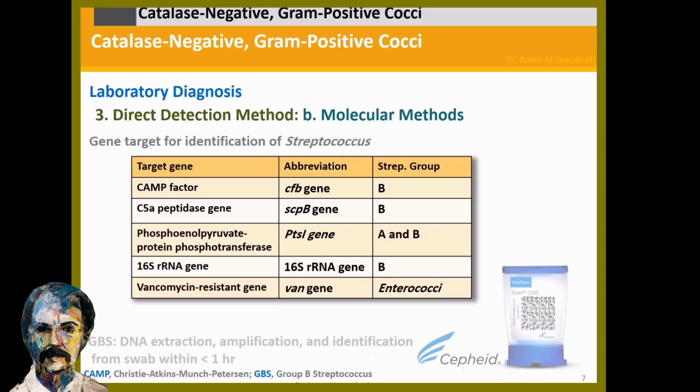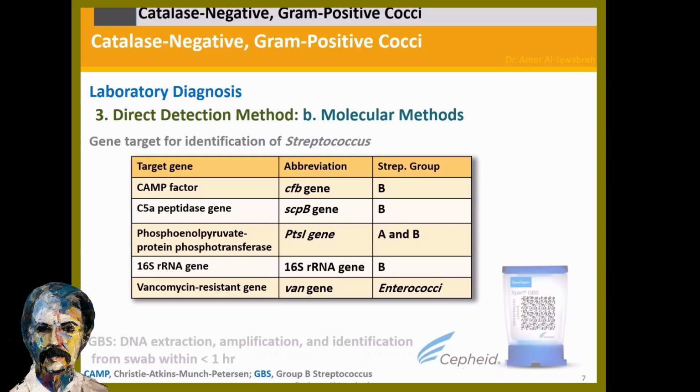So here the 16S ribosomal RNA gene, which is very commonly used, it's used for group B. Not only group B according to the book, but also if you go to the literature, PubMed, you can see that 16S ribosomal RNA is also used for pneumoniae, for many bacteria. We have other genes, like the CAM factor. What is CAM factor? We'll talk about this in the lab.